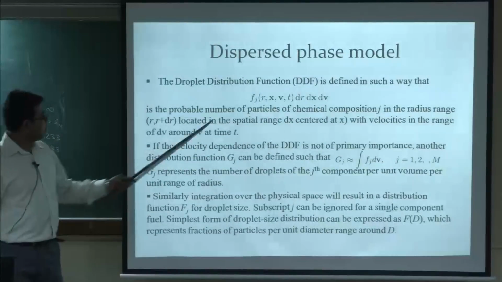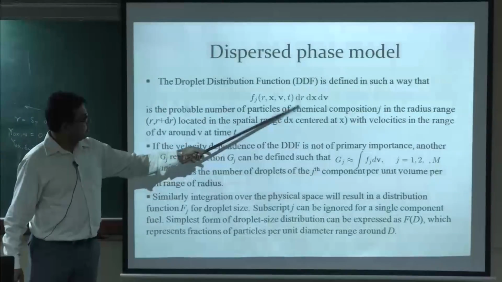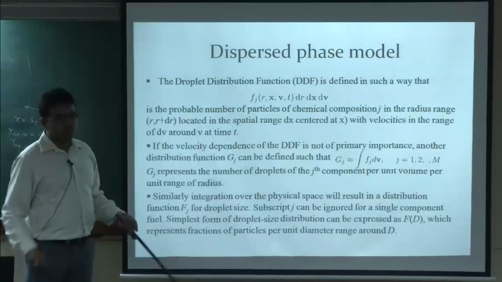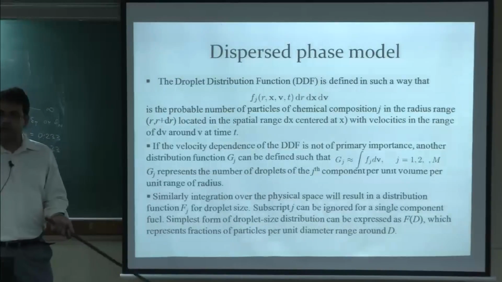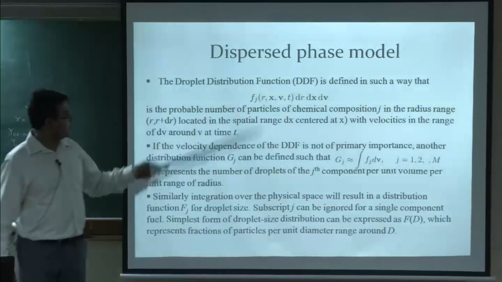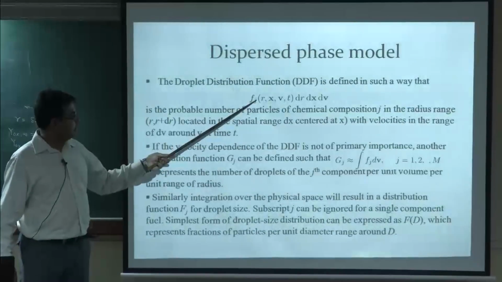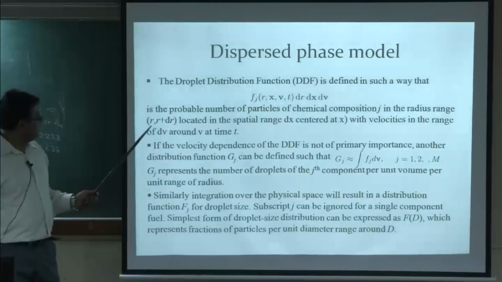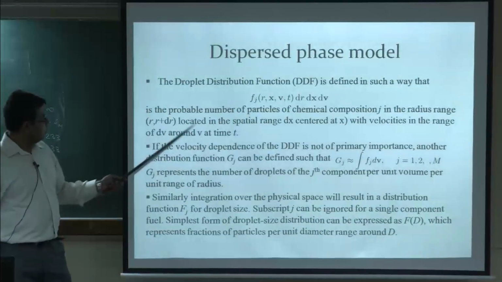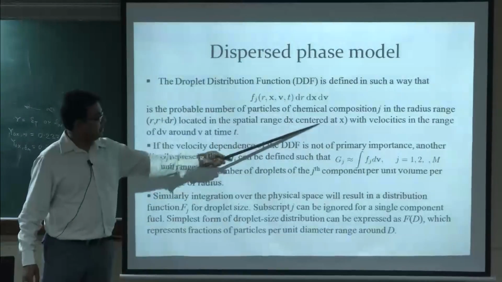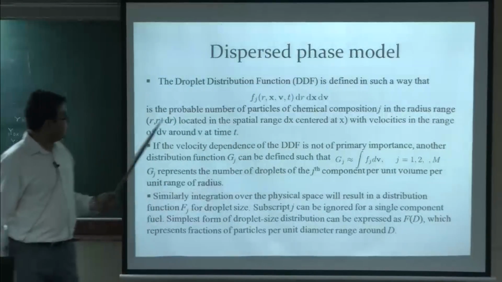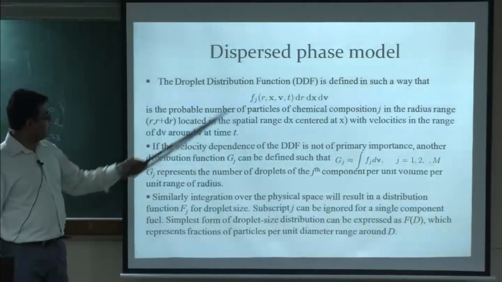So, this is the probable number of particles of chemical composition J. If you are talking about a multi-component droplet, then this will come into the picture, otherwise you can just drop this J, in the radius range r to r plus dr, located in the spatial range dx centered around x, and with velocities in the range of dv around v at a time t.